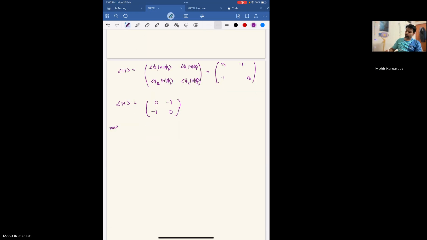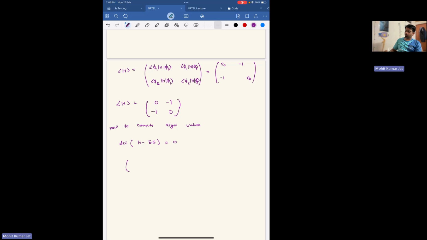Now, to compute the eigenvalues, because they will be the energy states, it will be the determinant of H minus ES equal to 0, where S is an identity matrix.